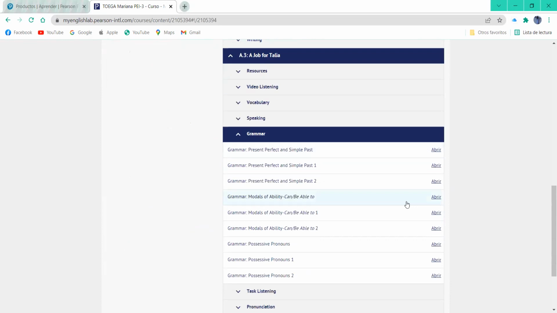And give me a second. No está asignado. Un segundito. Vamos a asignar. Ok. Ahora sí, a ver, podemos actualizar la página, please.